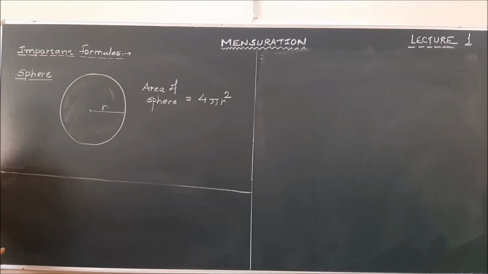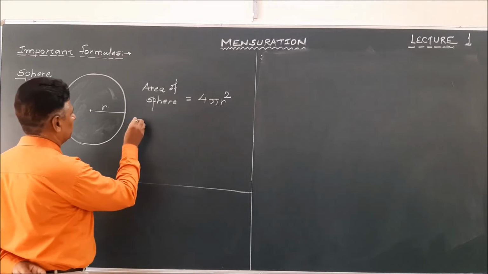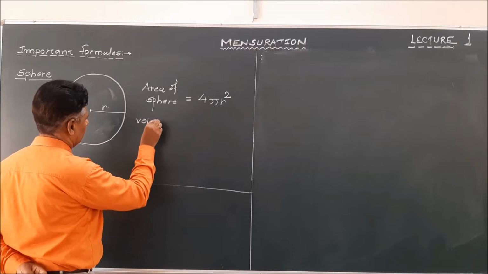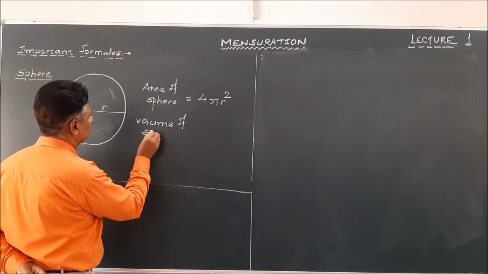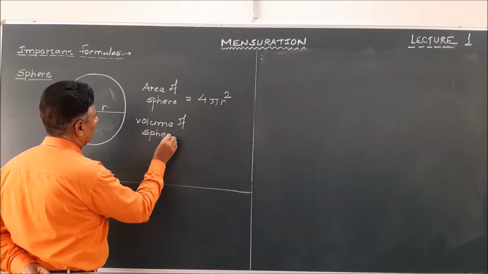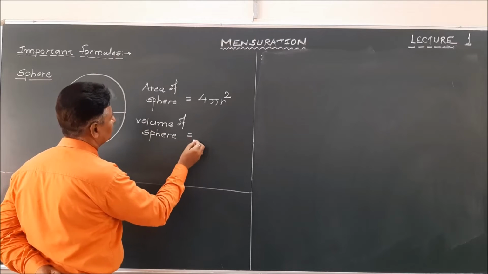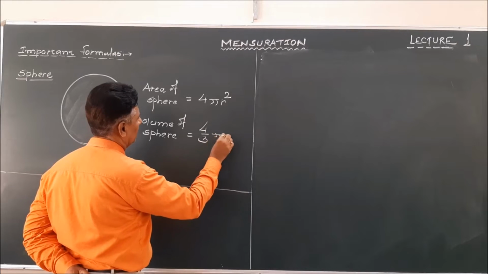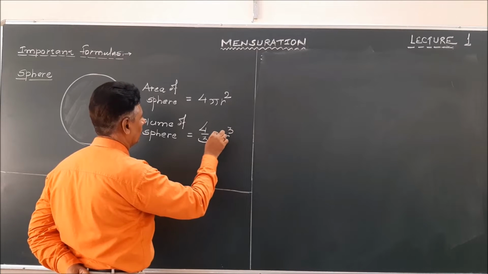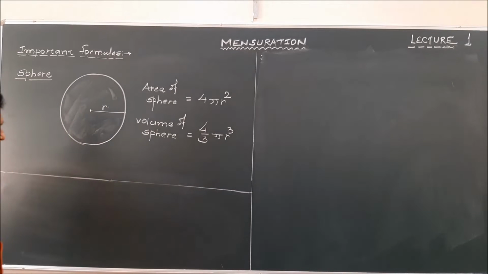The next to that is volume of sphere. Now, volume of sphere is 4/3 pi r cube. Right? Remember this carefully.